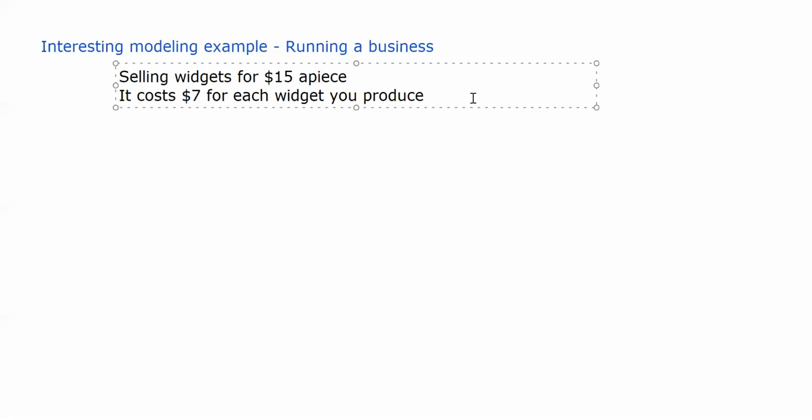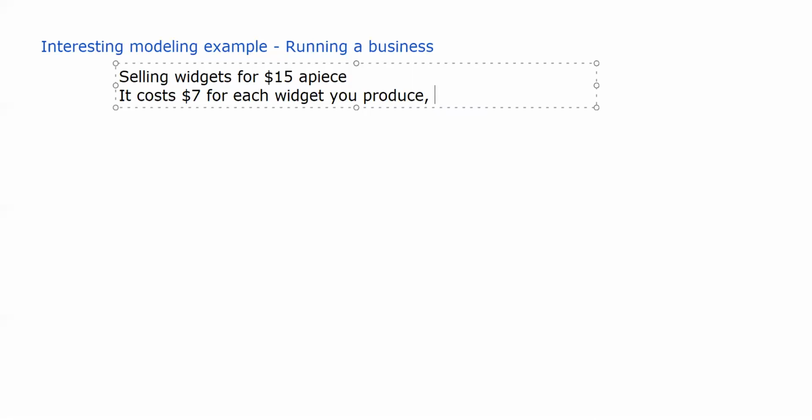Like, oh, well, actually, the first 100 widgets cost $7, but after that, the next 100 widgets cost $8 a piece. You're going to get more complicated as you get into more realistic scenarios. But we're keeping it a little bit basic so we can see how linear functions work. It costs $7 for each widget you produce, which means it looks like you're making a profit of $8 per widget, and we'll get back to that in a moment.